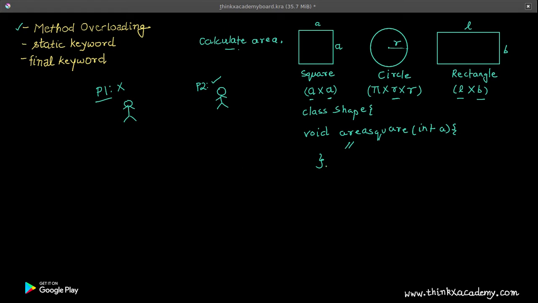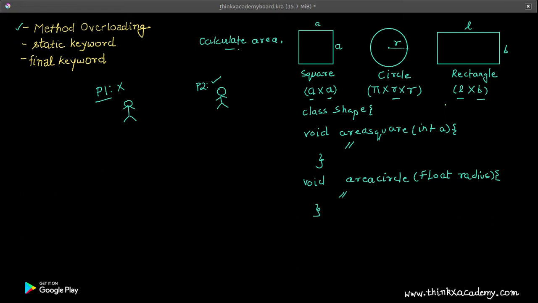Then for the circle, he is going to create another function with a different name, void areaCircle. In the case of a circle, we will have to take the radius. Let's suppose it is a float value, so float radius, and then similarly he is going to perform the calculation here.